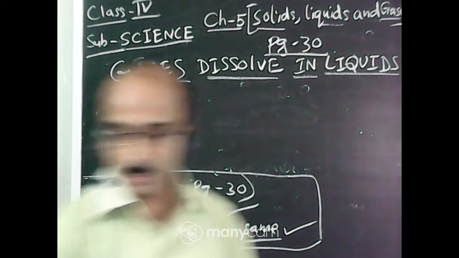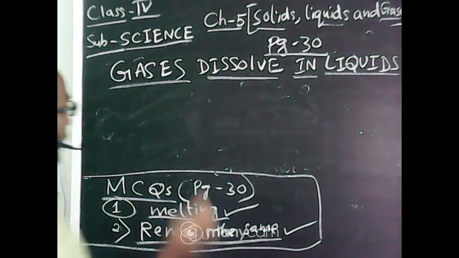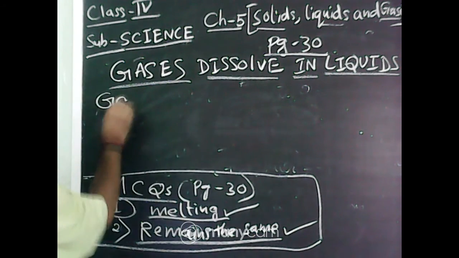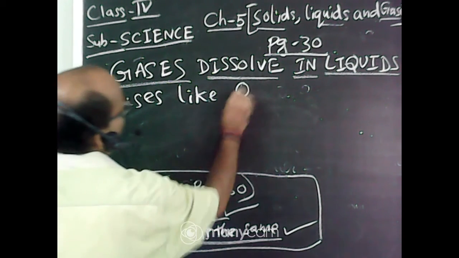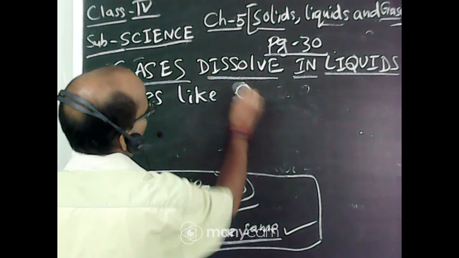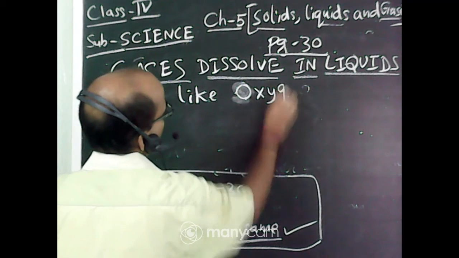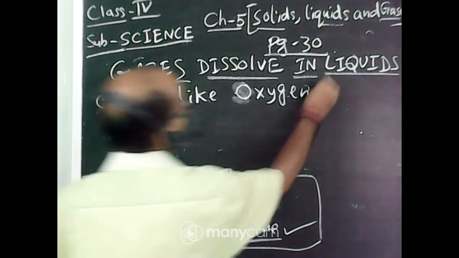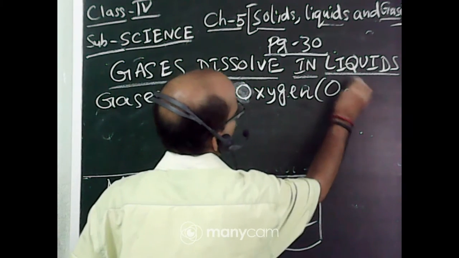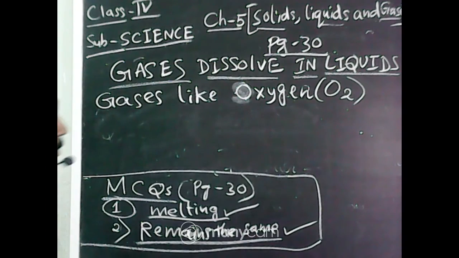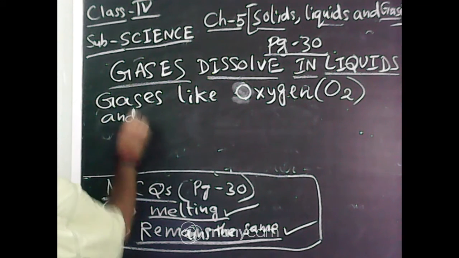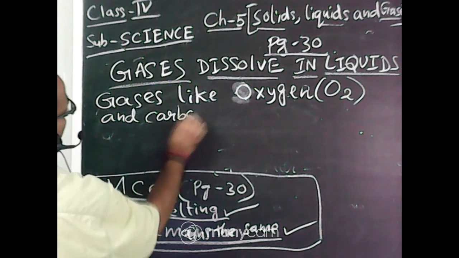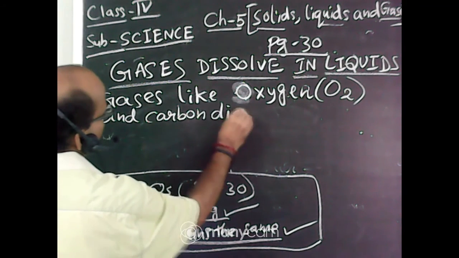So we have seen here one thing. So gases like oxygen, I can write O2. It is the formula for oxygen. Okay, O2. And carbon dioxide.